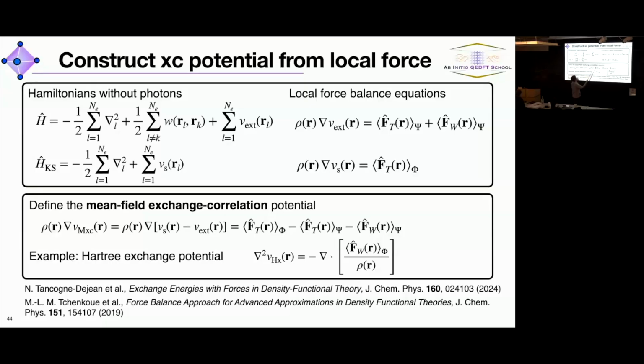Similarly, for the non-interacting system, we can write another local force balance equation, and we subtract both of them. Then we can define the so-called mean field exchange correlation potential, and from there we separate each term to define what is the exchange and what is the correlation. So this is how we use the local force balance equation to construct the corresponding potential.